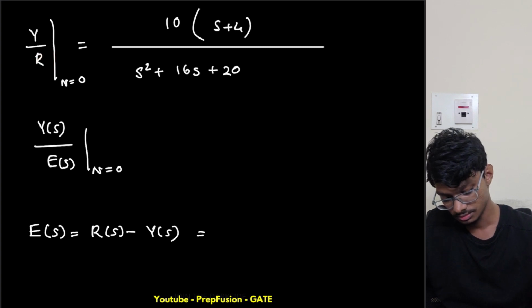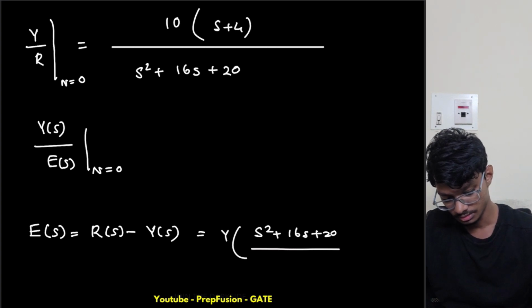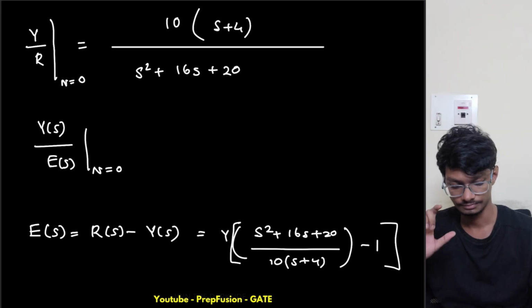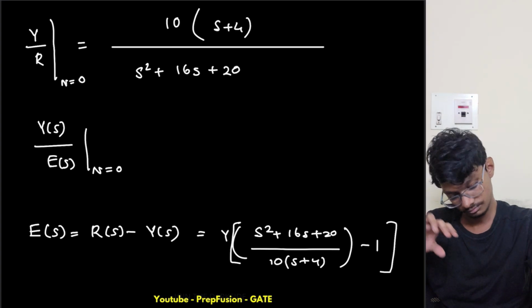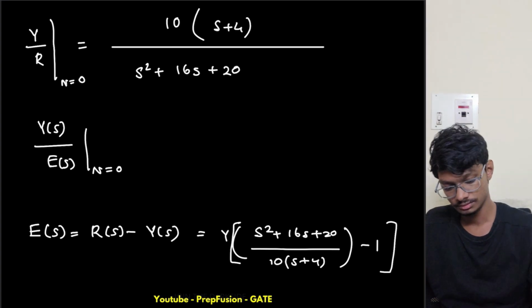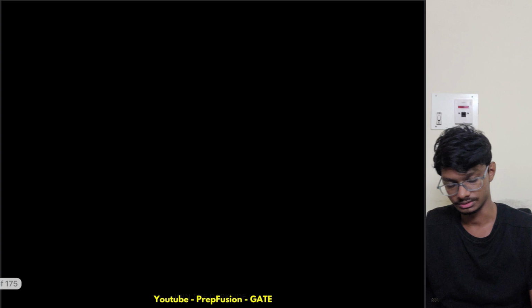So y into s square plus 16s plus 20 over 10 into s plus 4, and this is minus 1. Now I can simplify this equation.